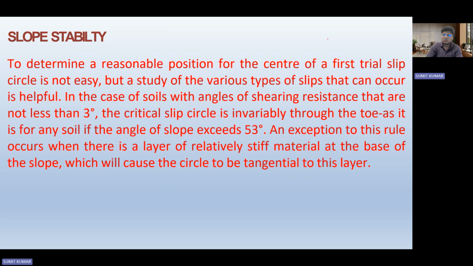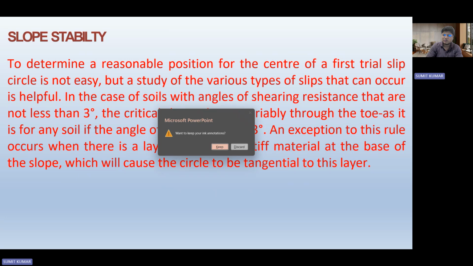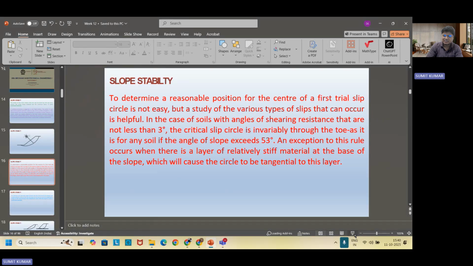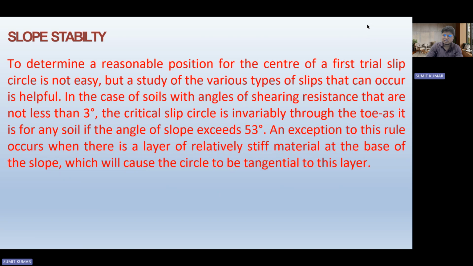So let's see what the points are in this regard. First of all, starting with the first point, it says that to determine a reasonable position for the center of the first trial slip circle is basically not very easy.